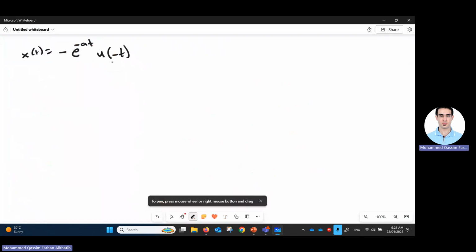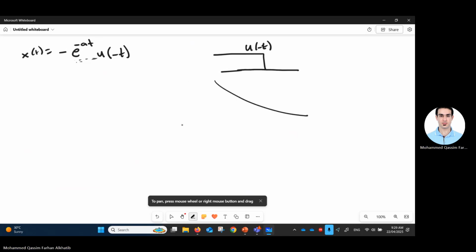Now, u of negative t, the transformation we're applying here to the step function is time reversal. So it is something like this. So this is u of negative t. Okay. So let's apply the expression, and this exponent e to the power negative at is something like this. By multiplying by the negative sign, it will be flipped like that. That's the amplitude transformation. I'm doing an image over the x-axis.